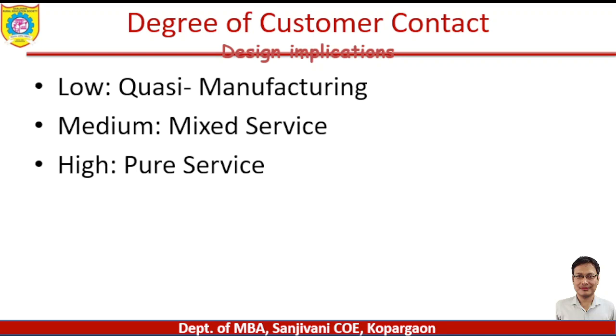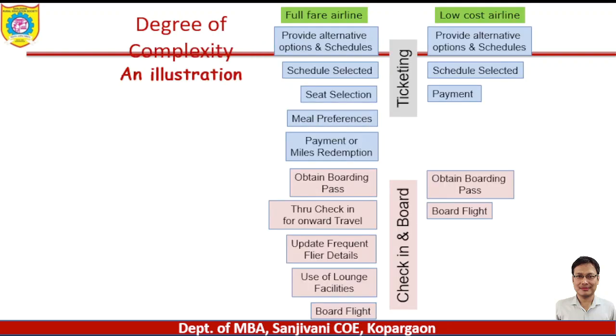Low is also called quasi manufacturing because the manufacturing component is higher than the service component, whereas in pure service, the customer contact is very, very high, and the manufacturing or tangible content is very, very low. For example, consultancy services, legal services, health services.